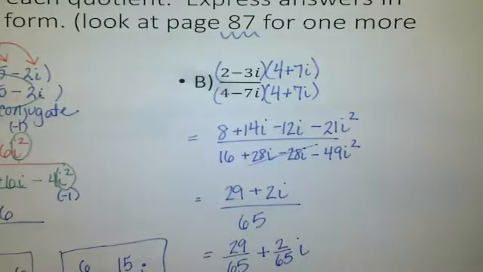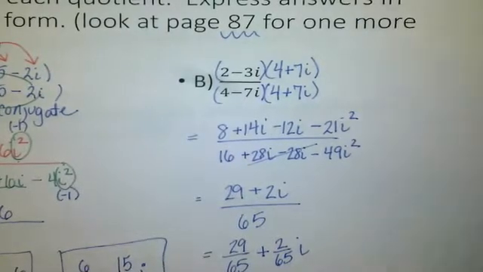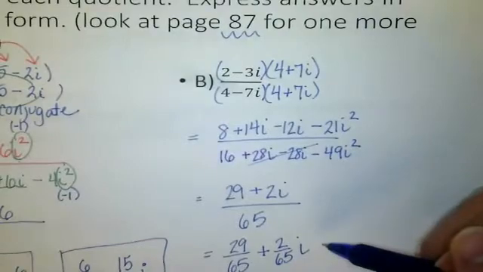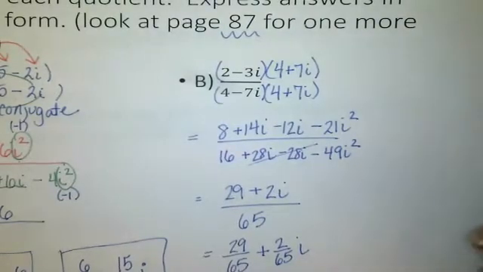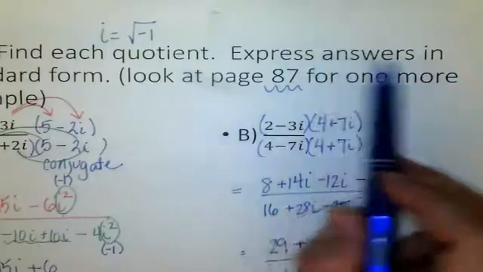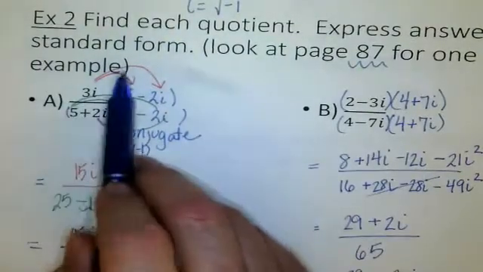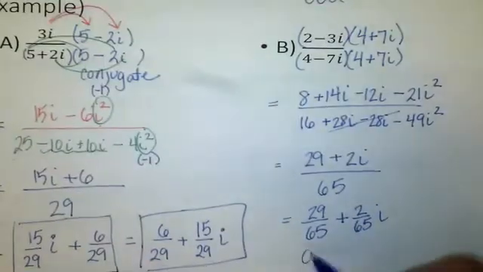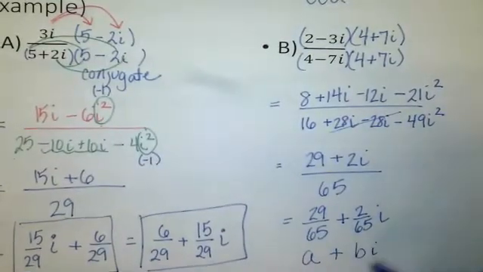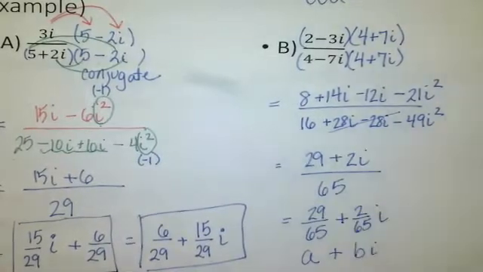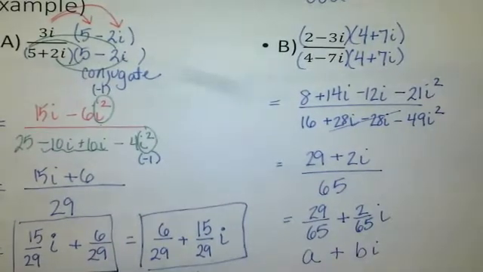Why do you want us to split it? These are technically equivalent. To be in standard form, it says express the answers in standard form, then we should see the real part and the imaginary part. That's the only reason. Oh, did I make another mistake, or am I good? Is that right? Okay.